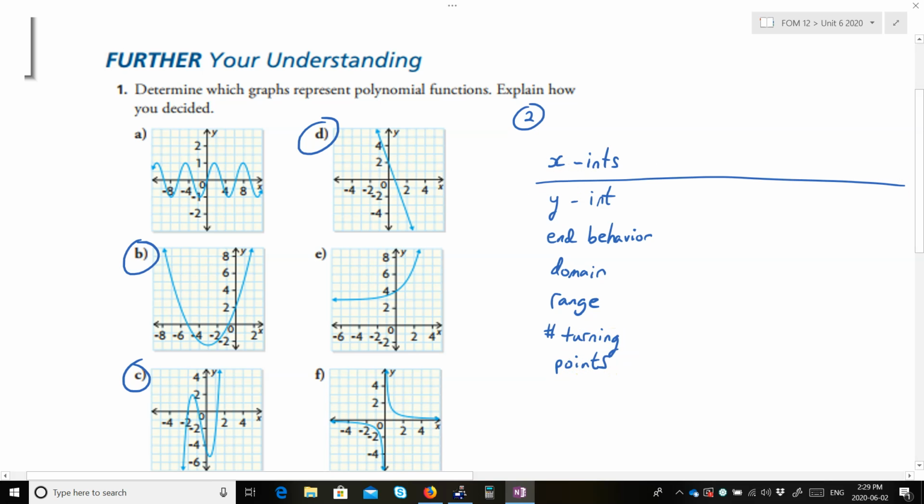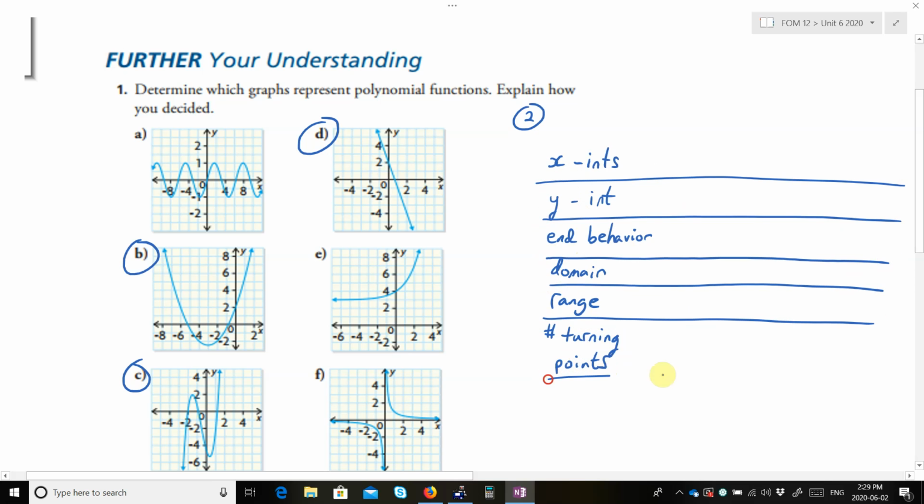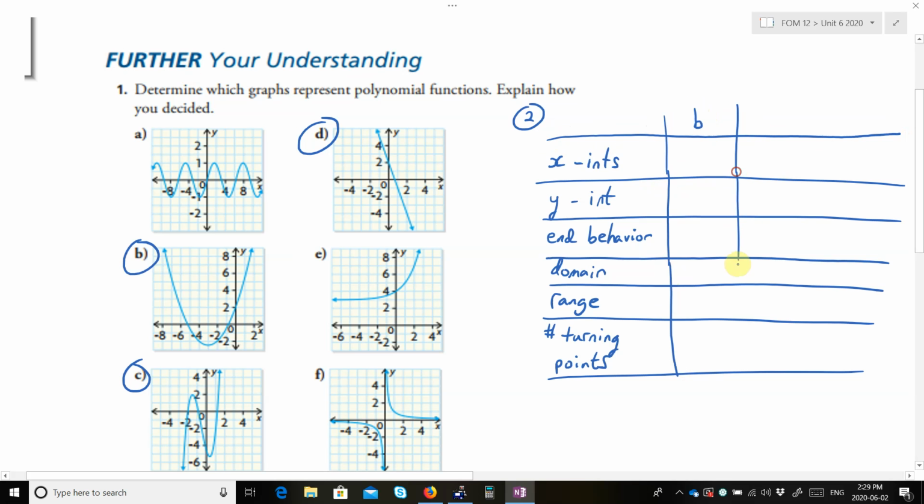Okay, and we'll do all of this. We are going to do all of this for graphs B, C, and D.